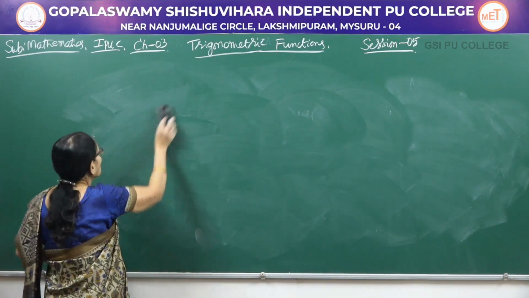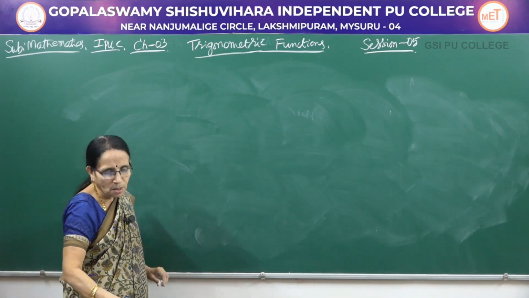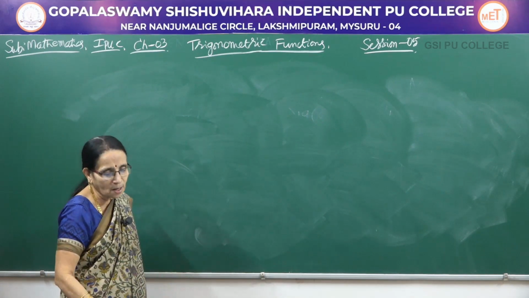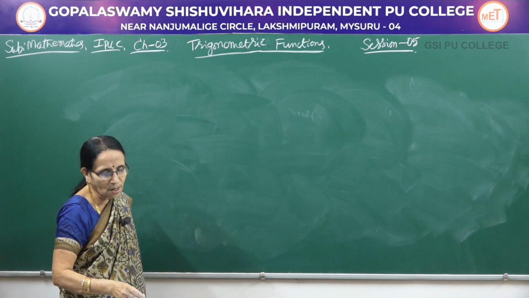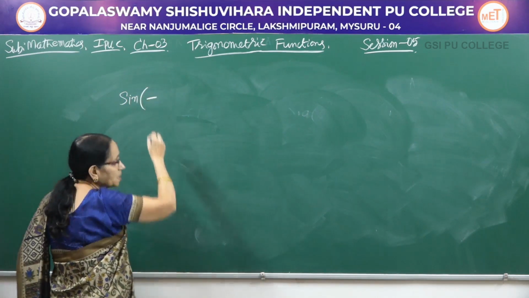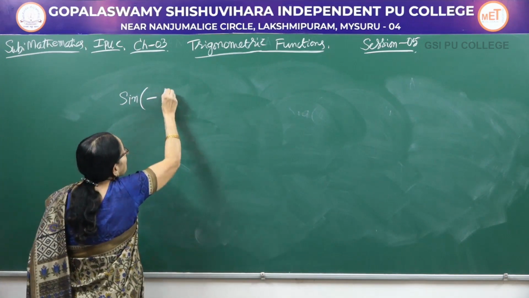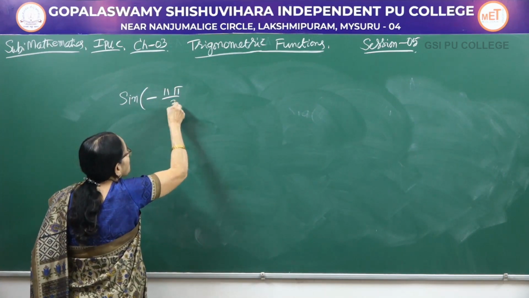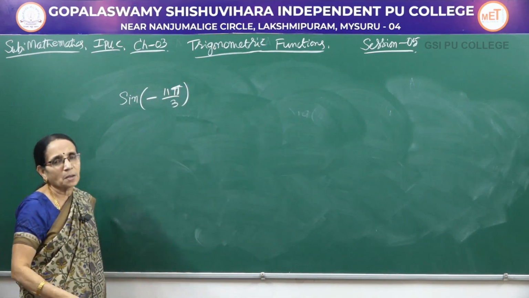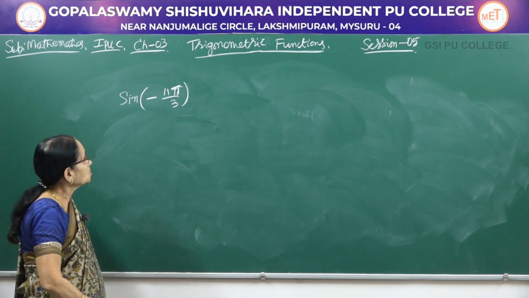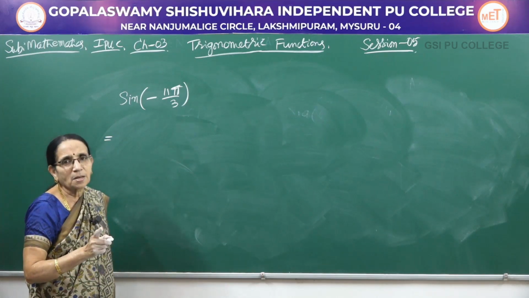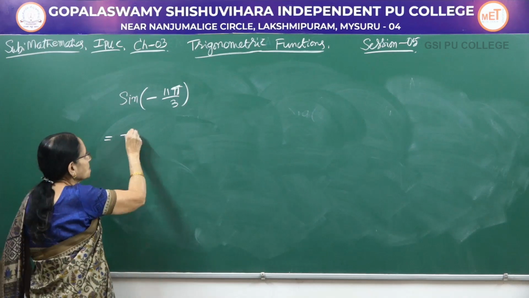And one more problem where I have a negative angle in the radian measure only, then I will conclude the session. So, it is sine of minus 11 pi by 3. Here, first I use the fact that sine of minus theta is minus sine theta.